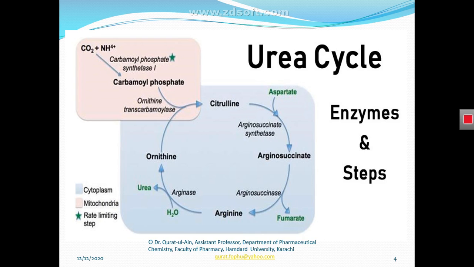What is the rate limiting reaction? The rate limiting reaction of a cycle or a pathway is that reaction on which the overall reaction of the cycle or pathway depends. In the case of the urea cycle, all the reactions depend on this first reaction, the condensation of carbon dioxide and ammonia, and as a result of this condensation, the formation of carbamyl phosphate.